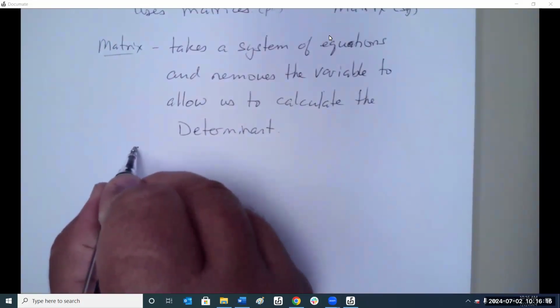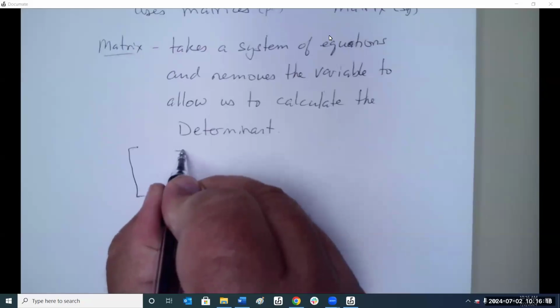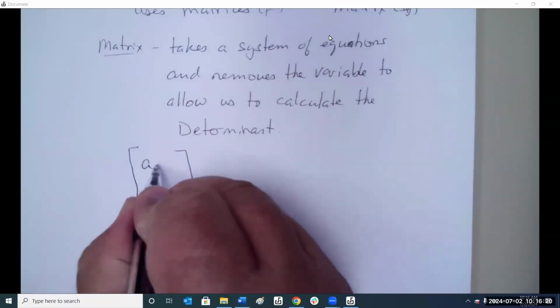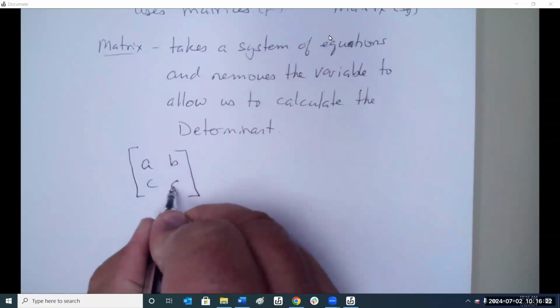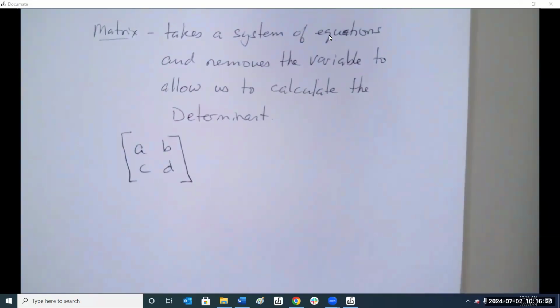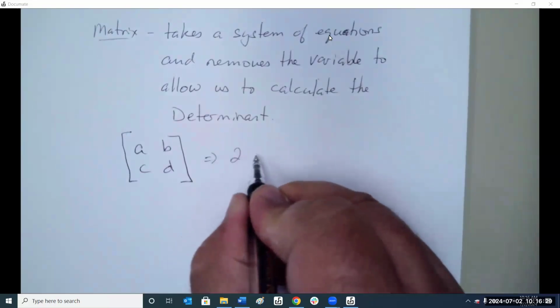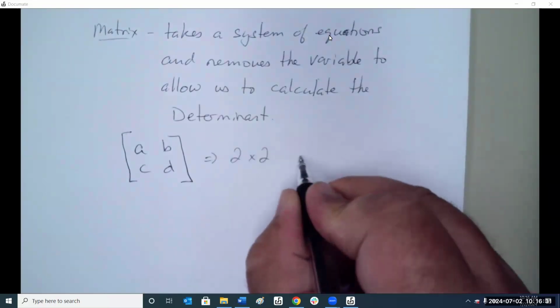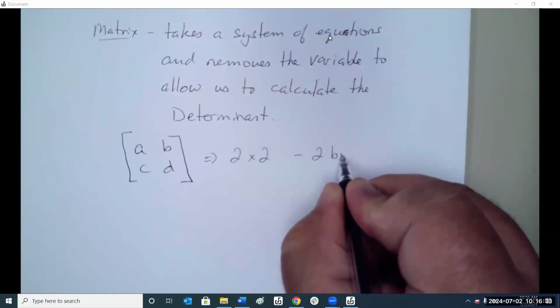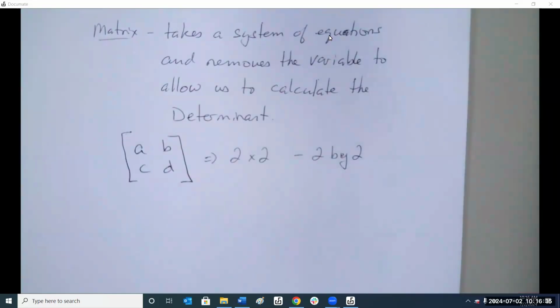A matrix looks like this. This is what we call a two by two matrix.